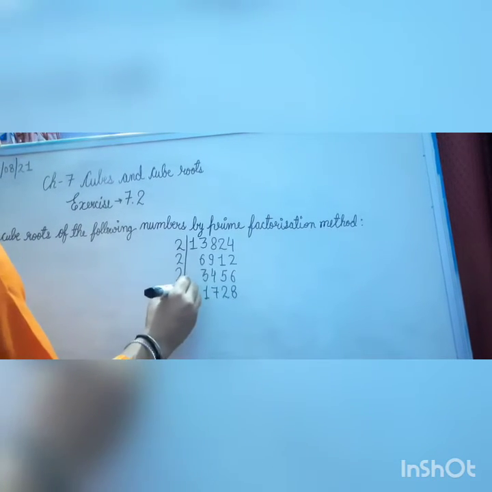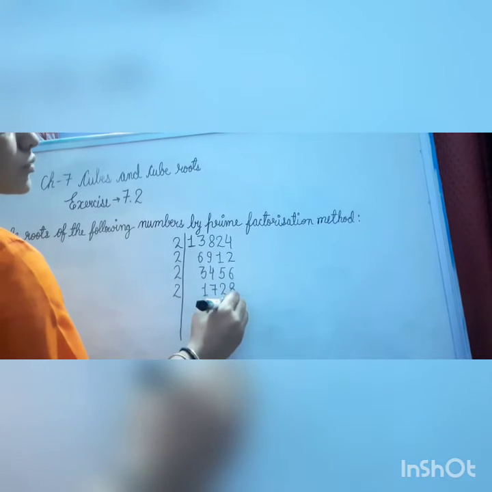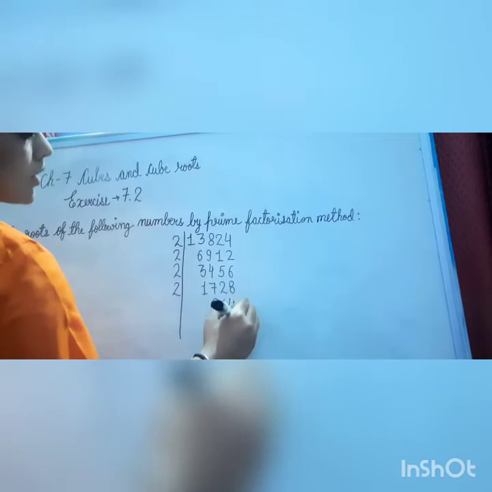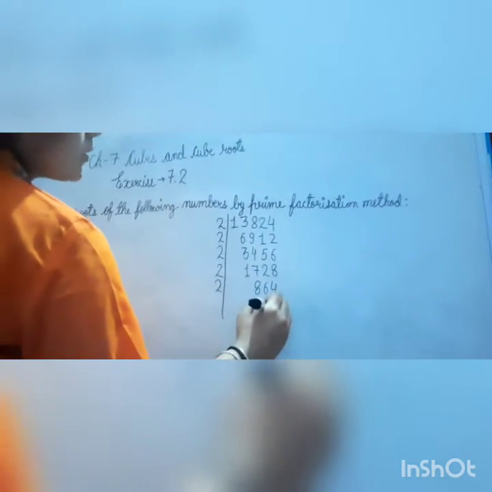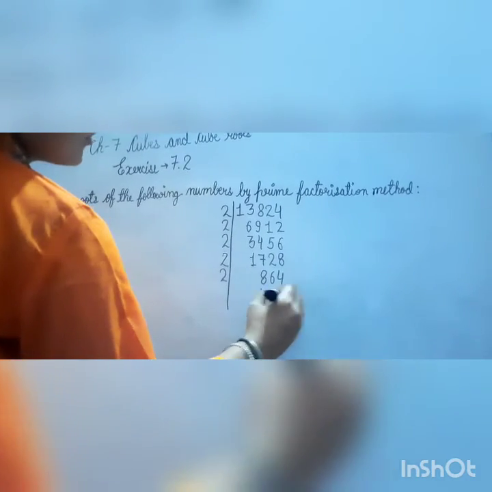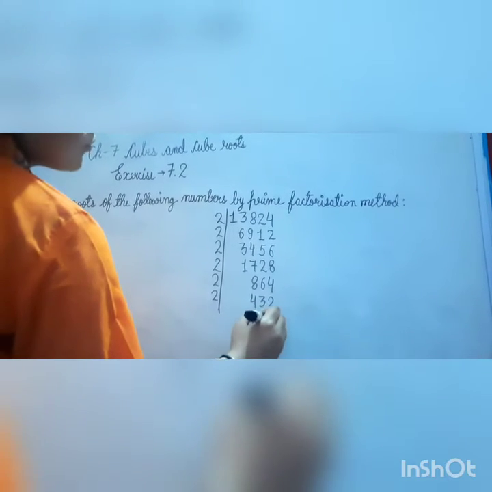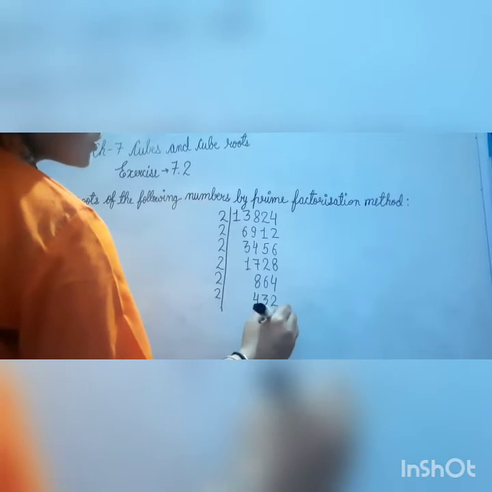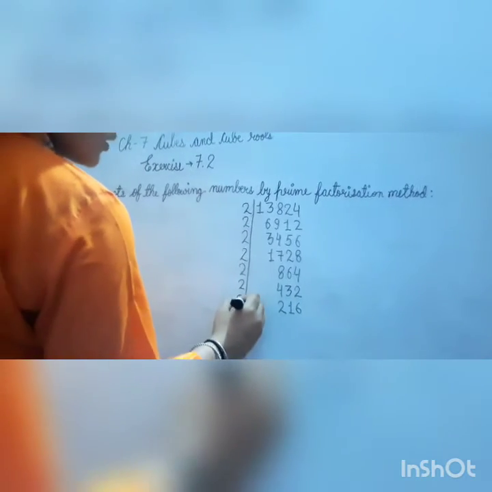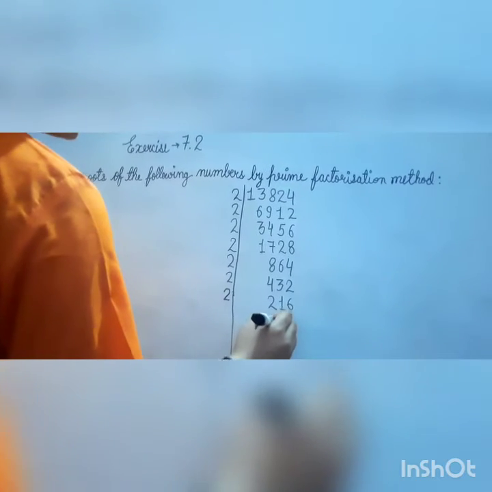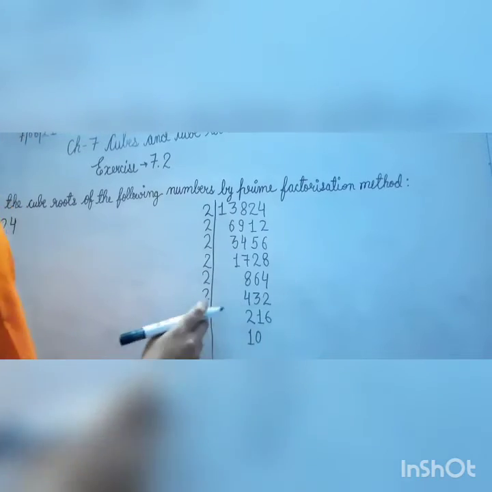Again 2. 2 eights are 16. 2 sixes are 12. 2 fours are 8. Again 2. 2 fours are 8. 2 threes are 6. 2 twos are 4. Again 2. 2 twos are 4. 2 ones are 2. 2 sixes are 12. Again 2. 2 ones are 2. 0, because 1 is smaller than 2.